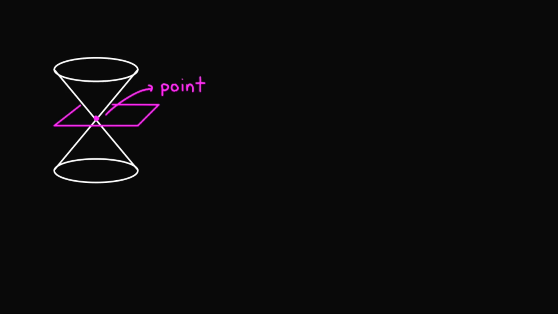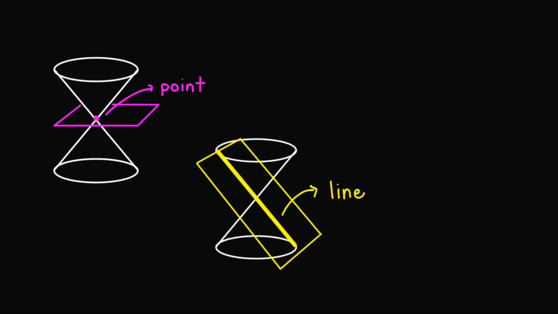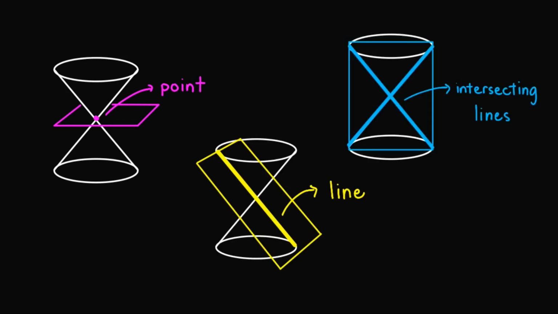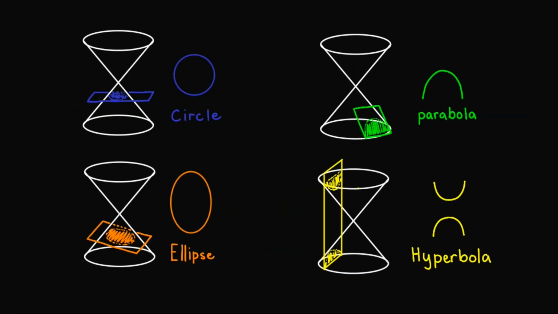Aside from this, we also talked about the degenerate conics, such as the point, the line, and the intersecting lines. But then again, we won't focus much on this anymore, as our focus is on the four major conics. So you may take a screenshot of this one for your reference.